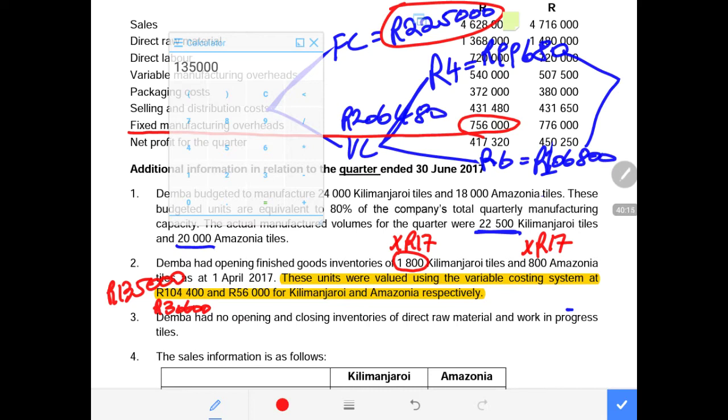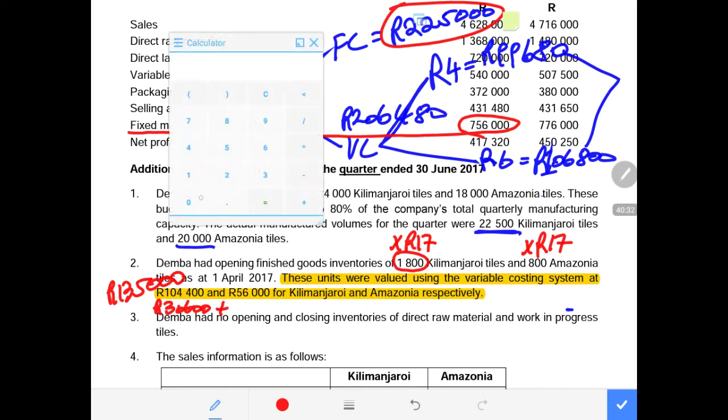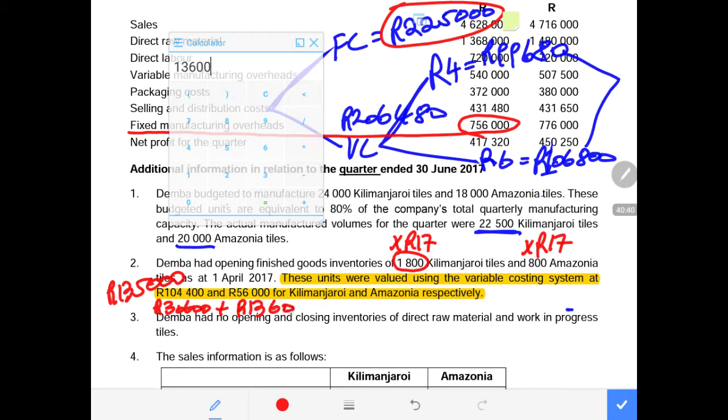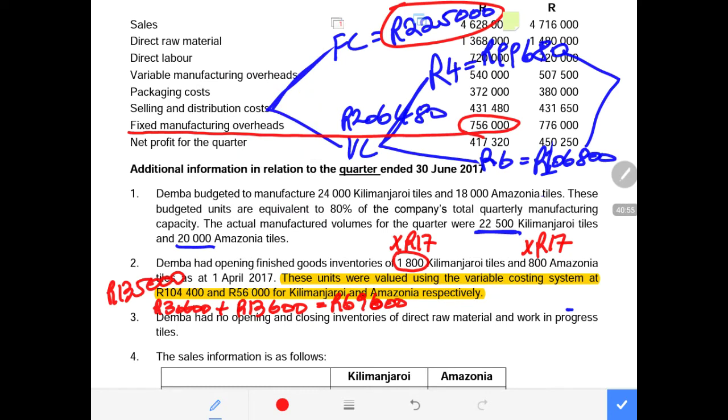That means our opening inventory is adjusted to fit the absorption costing method, meaning our opening inventory is modified to the absorption costing system that the company has just adopted. Then after we say now 17 rand, multiply this by the 800 units. This is giving us 13,600 plus 56,000 rands. And this will give us opening inventory of 69,600. This is the adjusted opening inventory according to the absorption costing system.